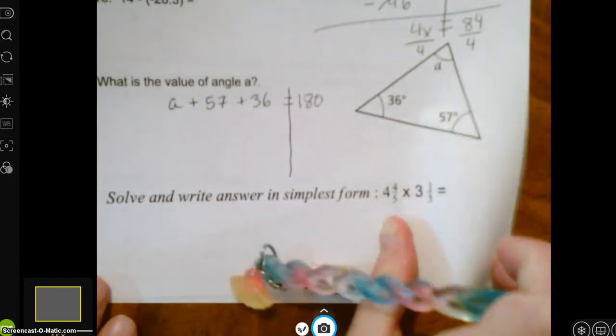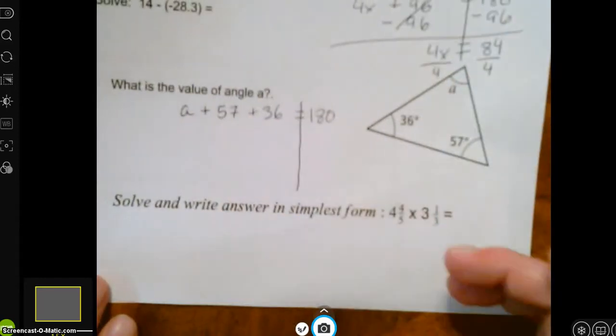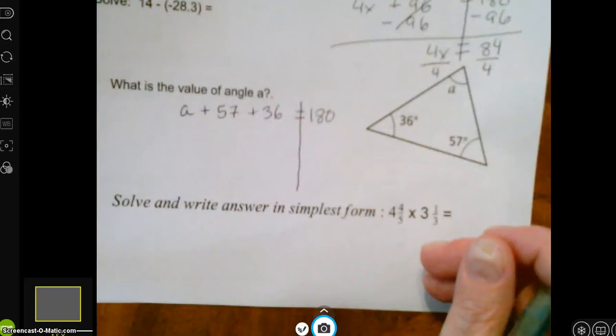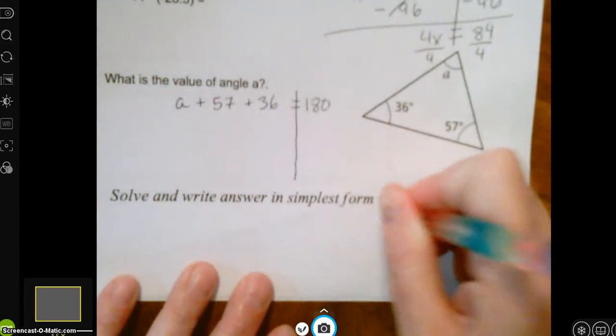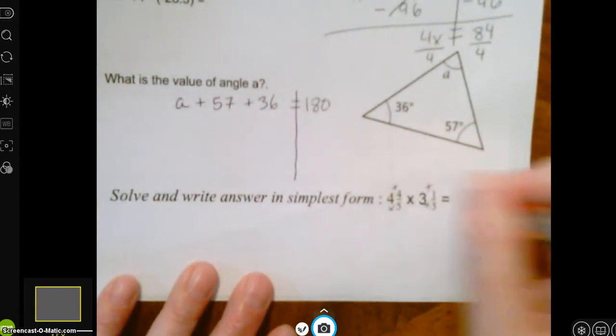Okay. And the last one. Write and solve, answer in simplest form. I'm not going to do all this for you, but I will start it. Remember, when we multiply, we do Texas, right? Texas, TX, Texas, TX.